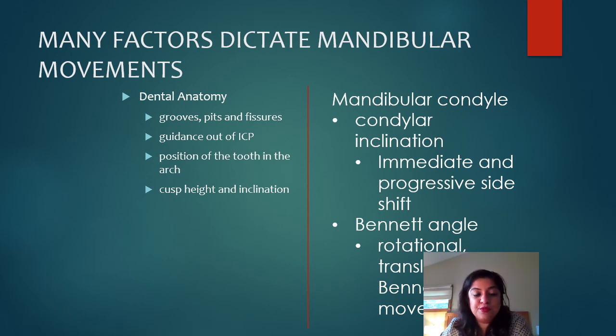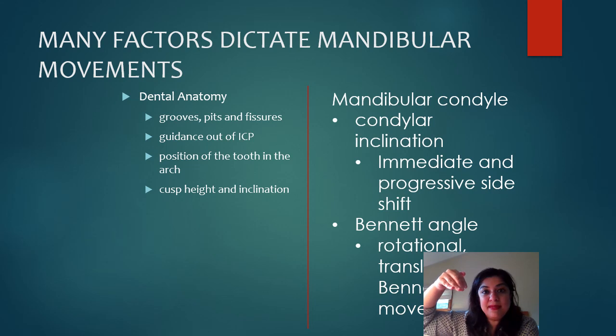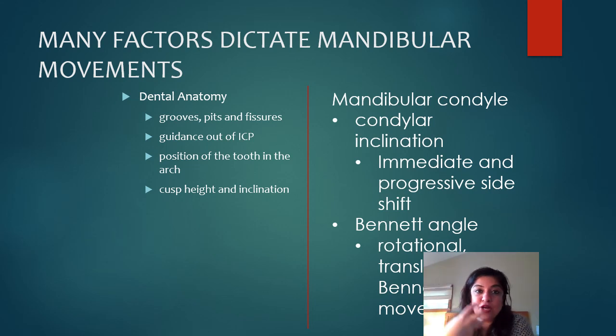Guidance of the tooth position in the arch. The position of the tooth in the arch is very important. Sometimes when you lose one tooth in the lower, the upper tooth begins to migrate down. That sometimes changes the way these mediotrusive and laterotrusive movements occur. Cusp height and inclination: if you make a crown which is extremely tall, or with extremely steep inclines, sometimes it stops these natural movements of the mandible.